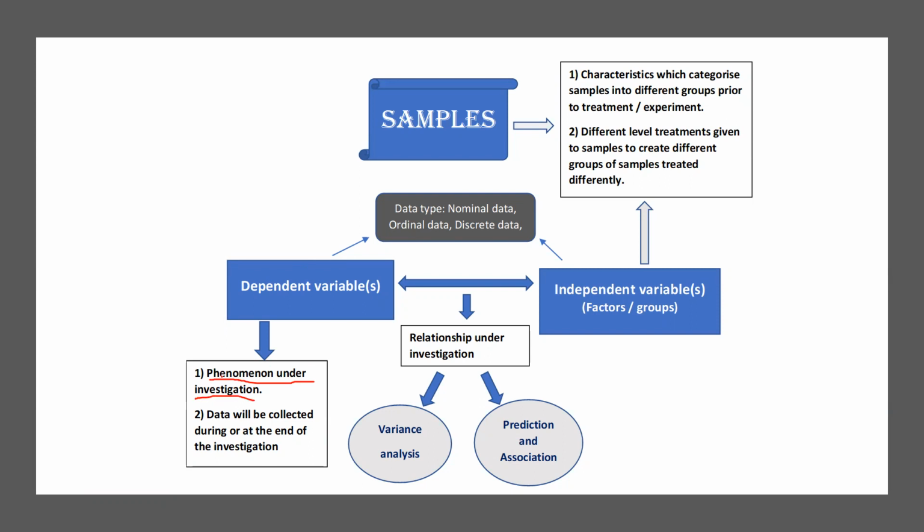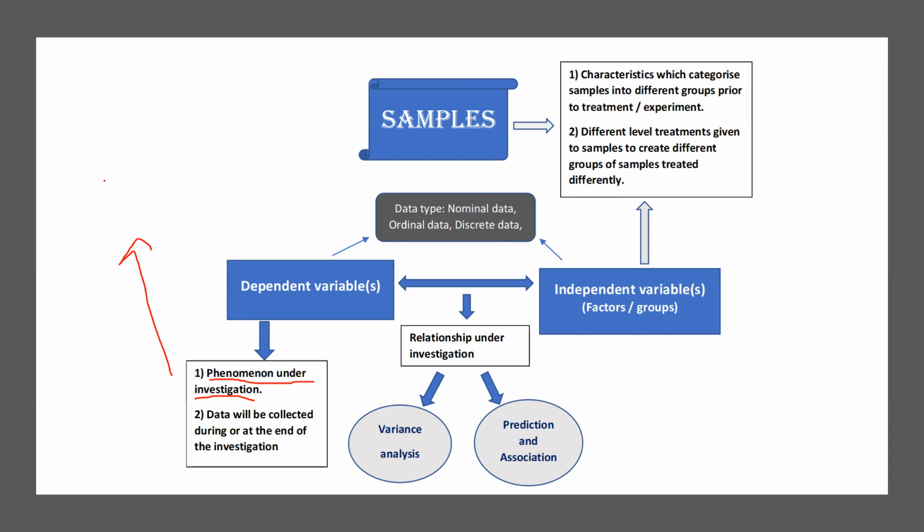Maybe you are investigating habits, biology, bacterial quality, genetic diversity, or alcohol consumption. All those are phenomena under investigation, because when you investigate alcohol consumption, you must have done something, then you analyze and collect the data at the end of the day.